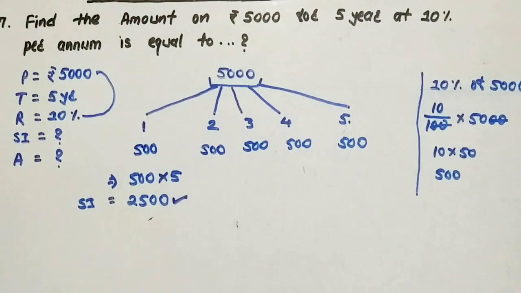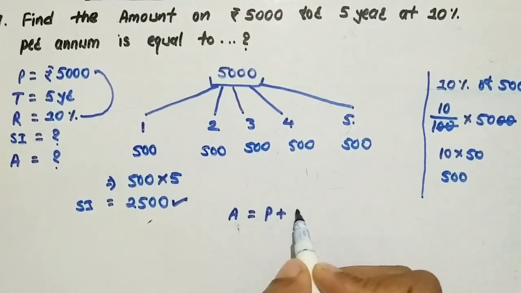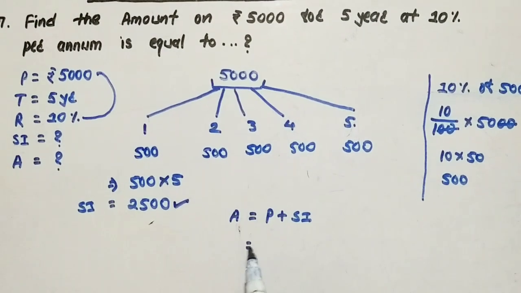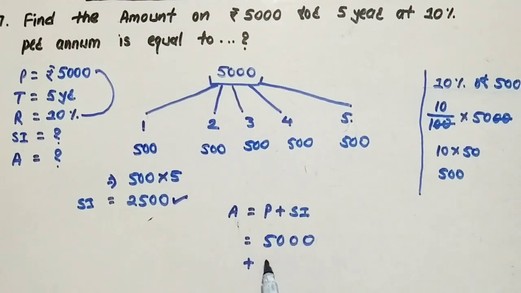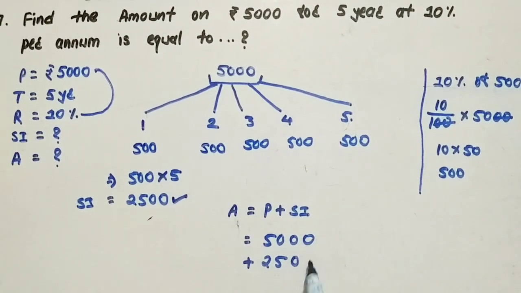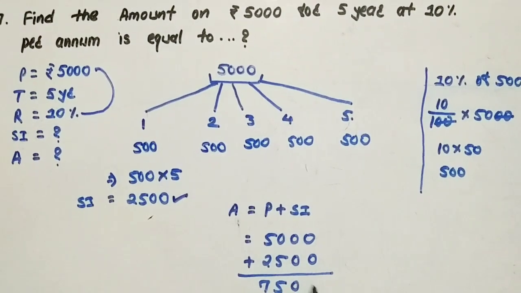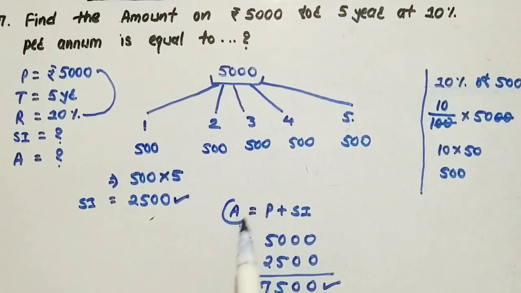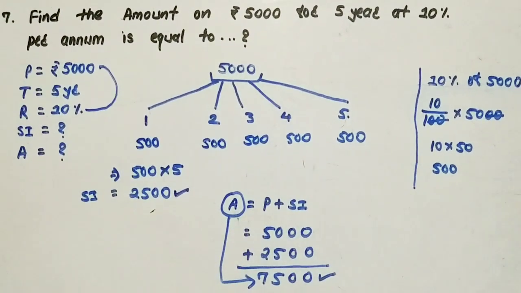But we have to find out the amount value. So amount is equal to principal plus SI. So principal value is 5,000 and simple interest is 2,500. So that's why 7,500 is the amount value on rupees 5,000, right?